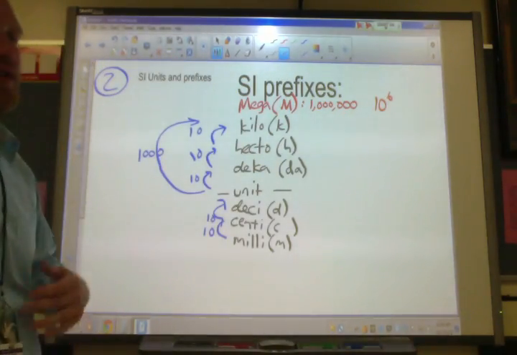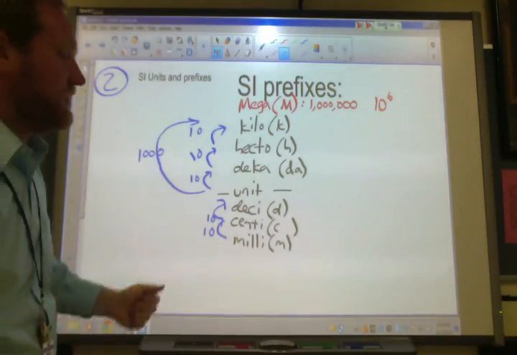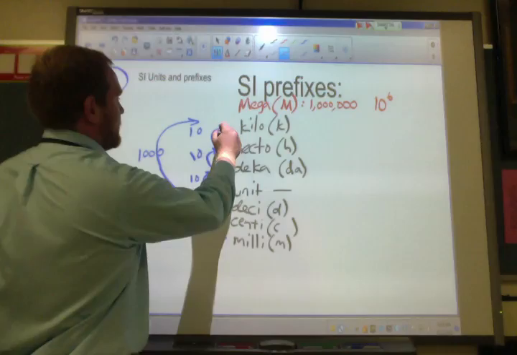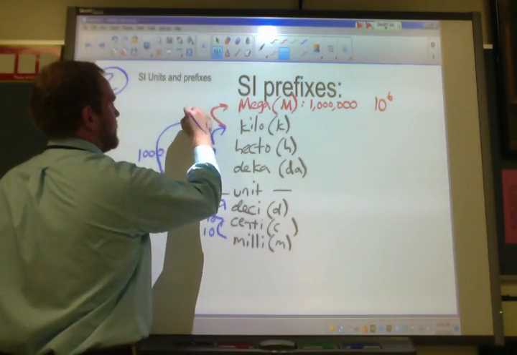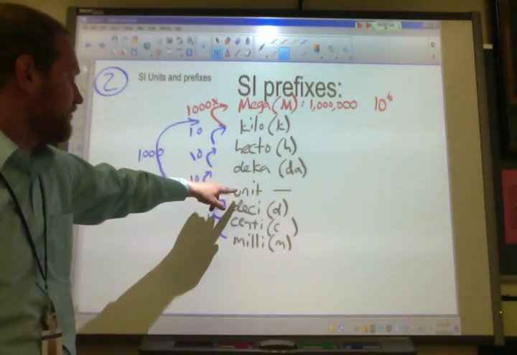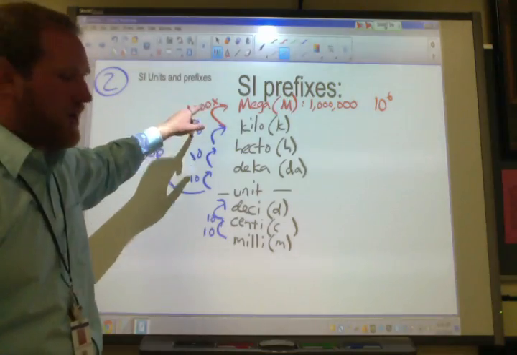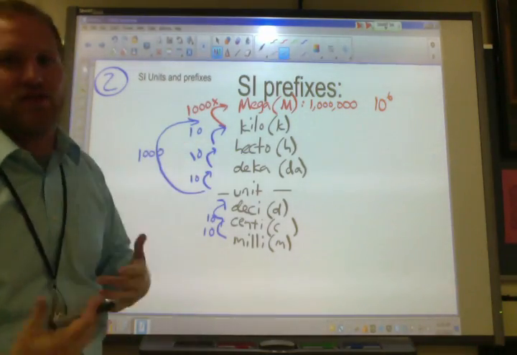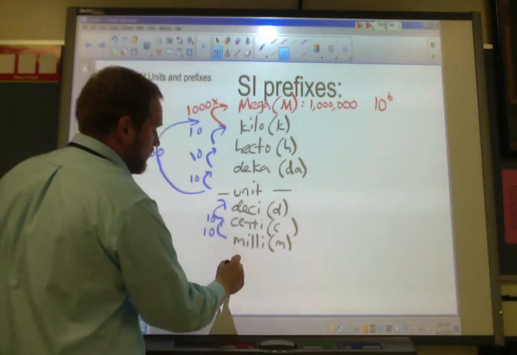So a megameter is 1,000,000 meters, megabyte, million bytes. And the difference here from kilo to mega is another 1,000 times. So therefore, to go from your unit all the way to your mega is 1,000 times another 1,000, so that's your million.